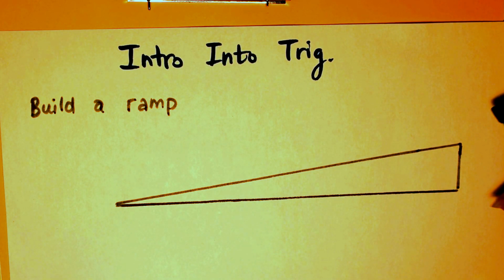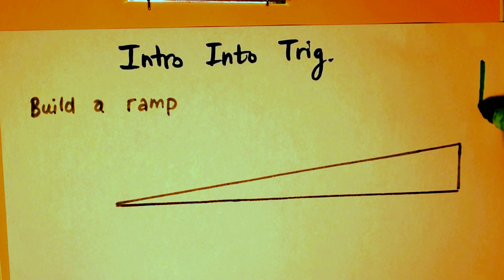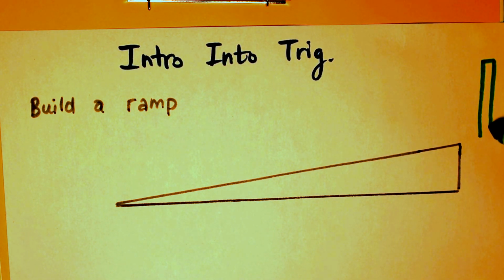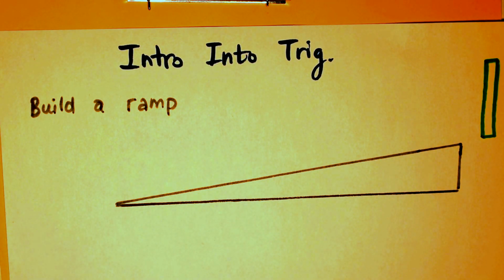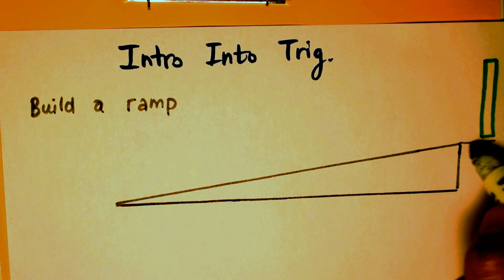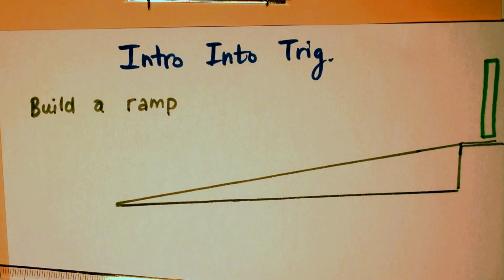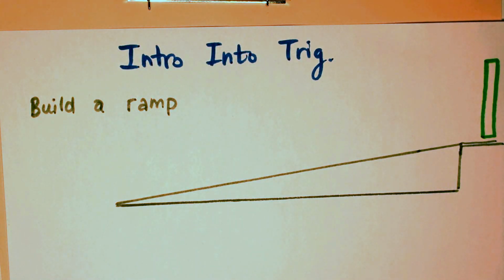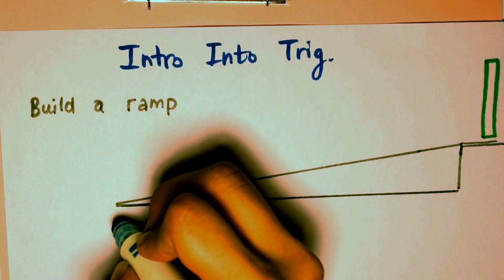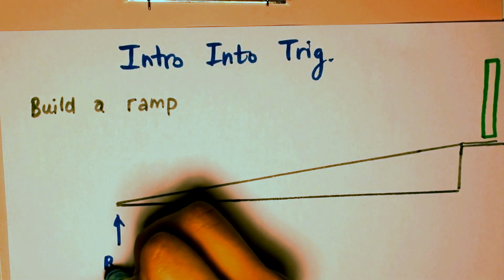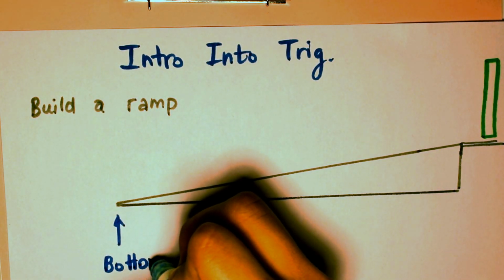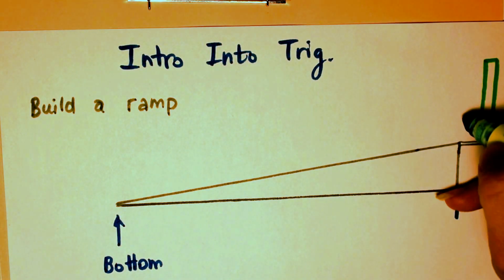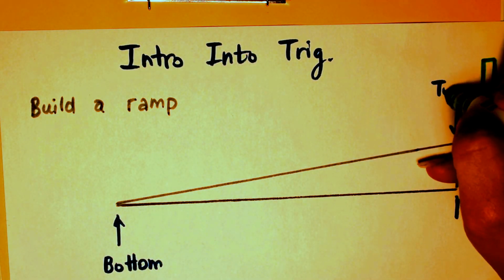So the door is over here. Over here we would obviously have the path leading to the door. And so you're starting over here. This is our bottom, the bottom of the ramp. And over here, this would be the top of the ramp.